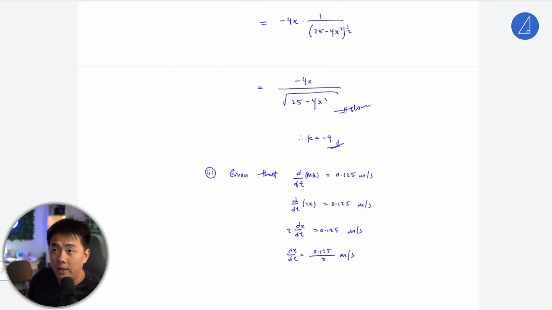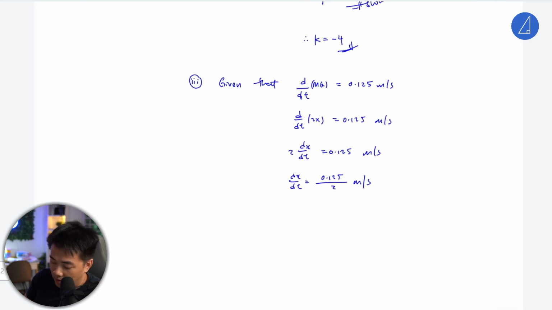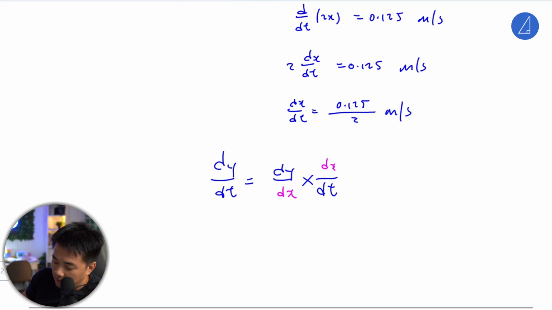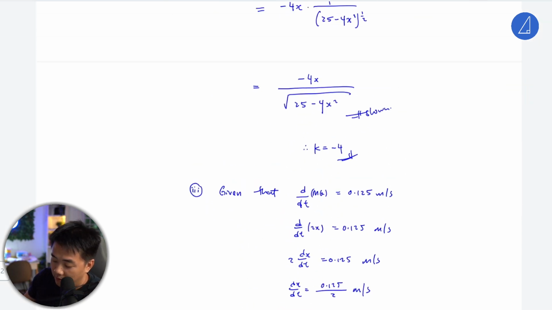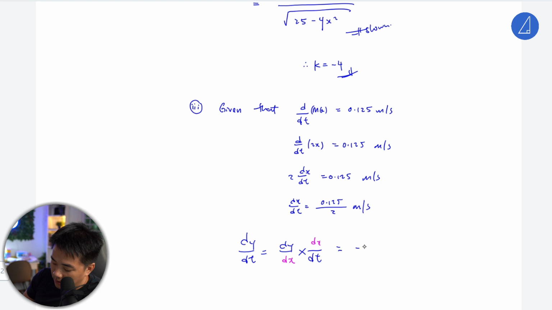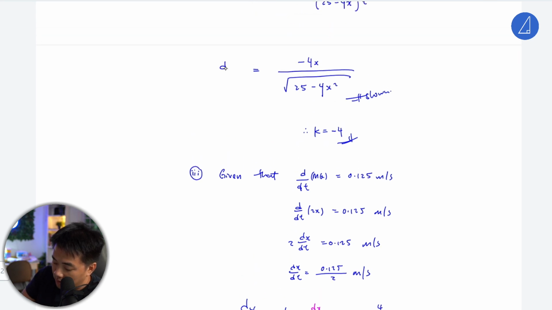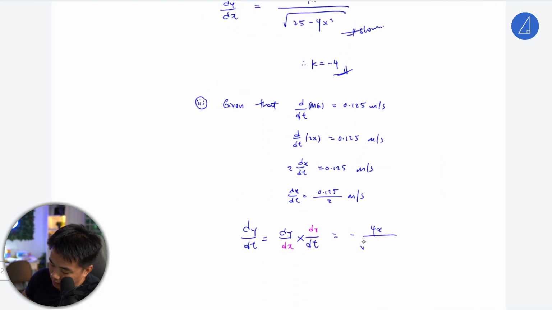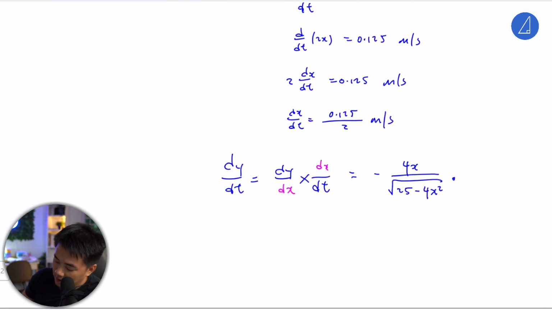Now we want to find the rate of change of y at the instant, so dy/dt is equal to dy/dx times dx/dt. dy/dx is what we already found initially, which is negative 4x over the square root of 25 minus 4x squared. Then dx/dt will just be 0.125 over 2.